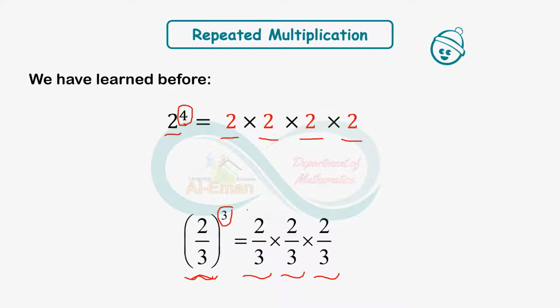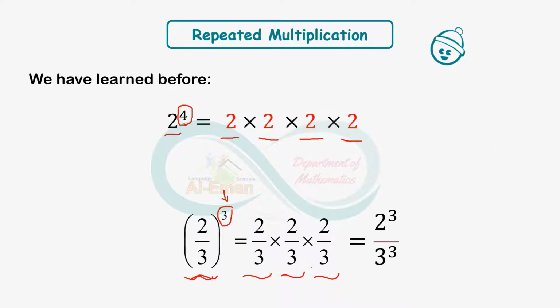Why 3? Because our power here is 3. If our power or index is 4 or another number, we will multiply the base by itself the number of times written above it.